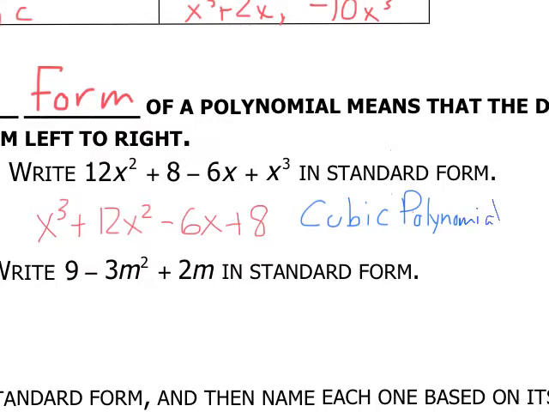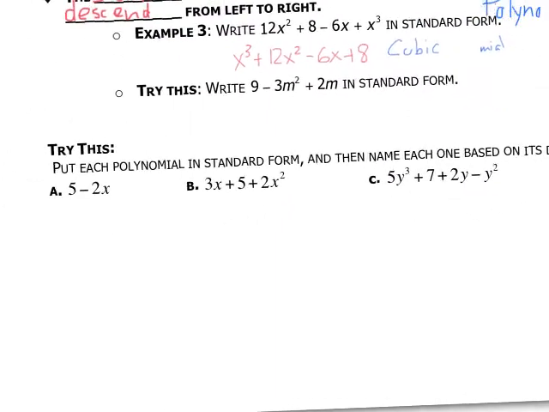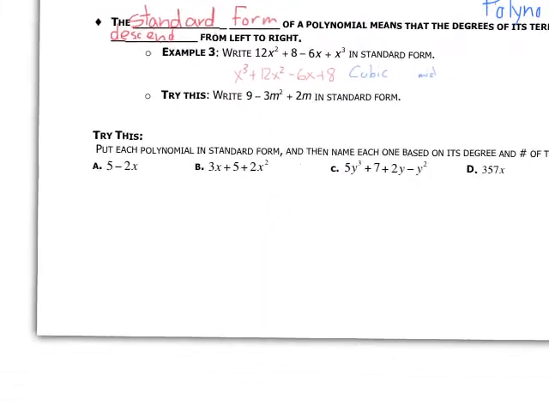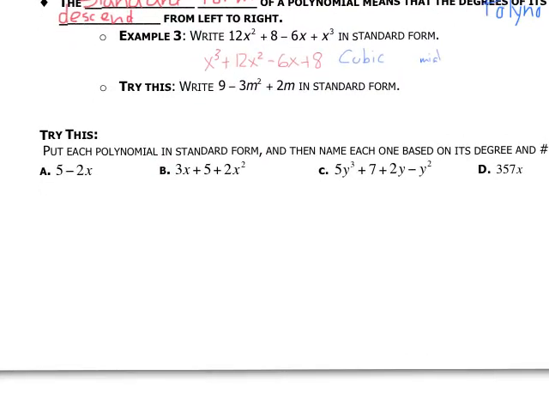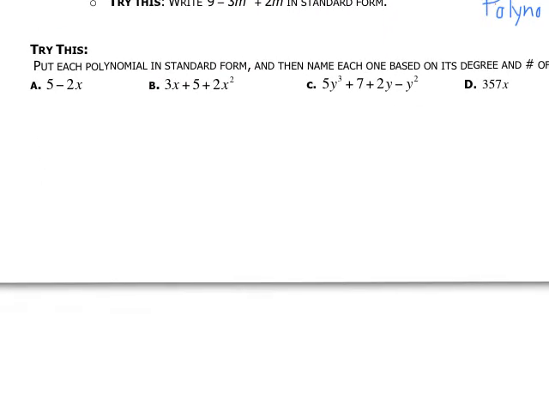So again, highest exponent of 3 makes it cubic, and 4 terms makes it a polynomial. I want you to go ahead and try A, B, C, and D at the bottom of the page. Put it in standard form, and then name it based on its two names. Go ahead and pause the video, do that, and then you can check your answers in a minute.